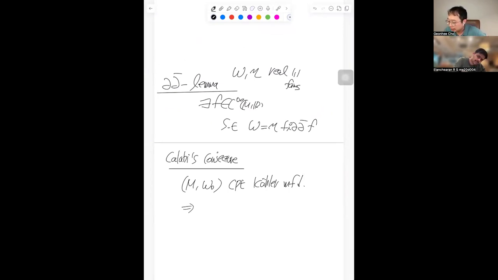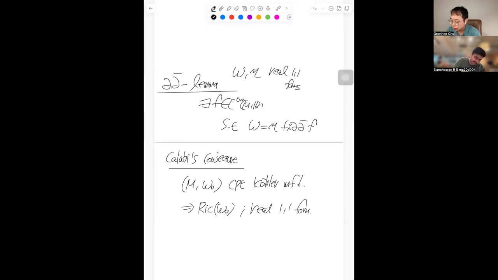Then the Ricci form of omega naught is a real (1,1) form. Is that okay with you? That's just from the construction of the Ricci tensor that I covered last time. So conversely, this is a question.